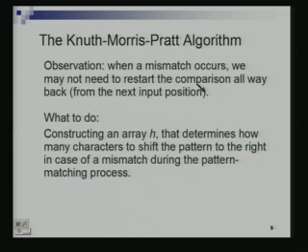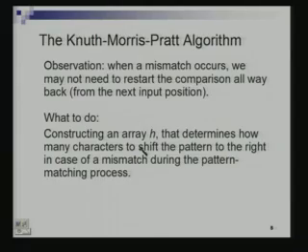So the key idea is when a mismatch occurs, we need not restart the computation all the way from the back, right? We can use some information obtained from the pattern to determine how many steps we should shift forward.